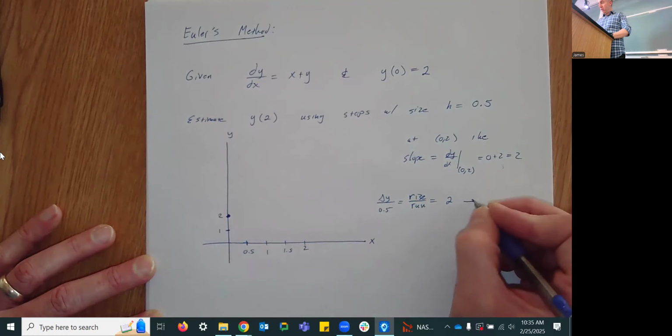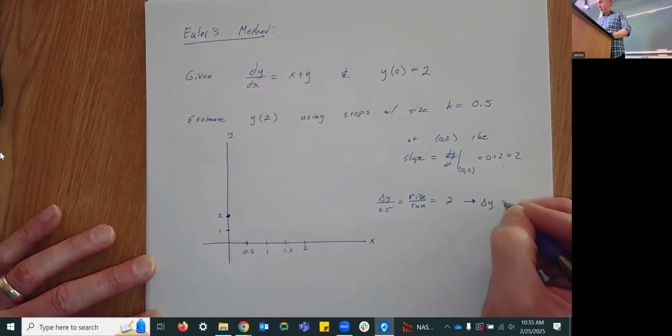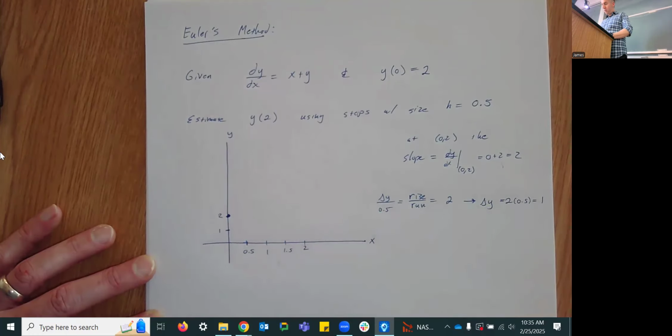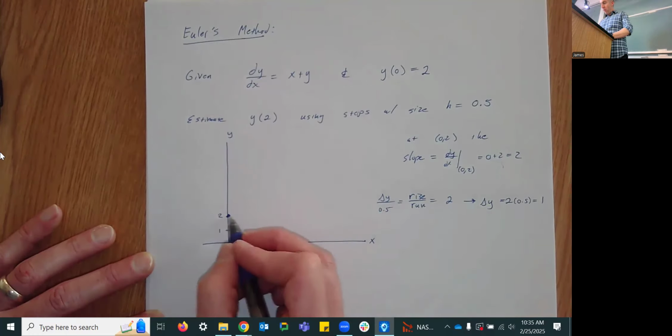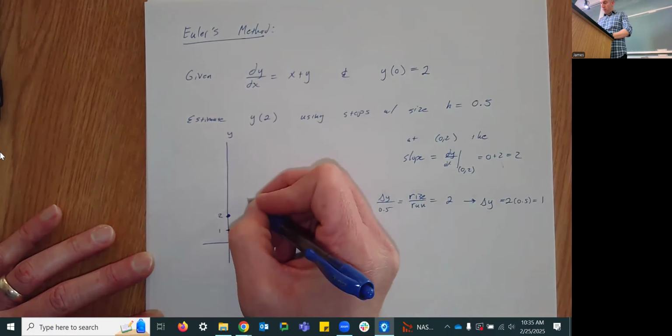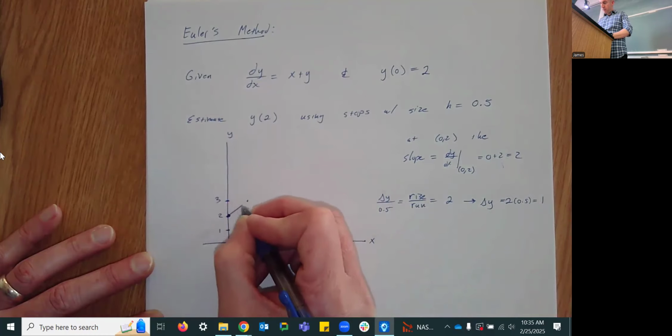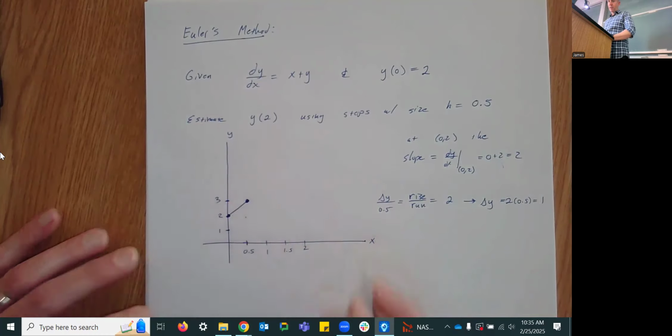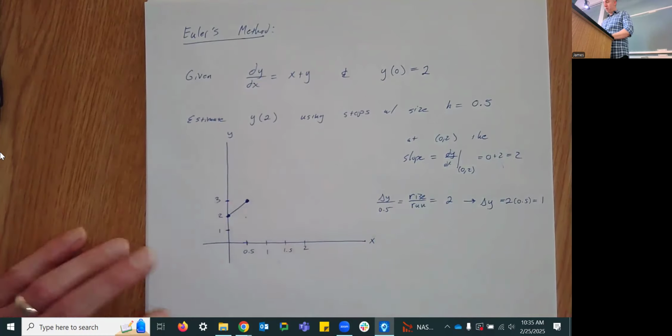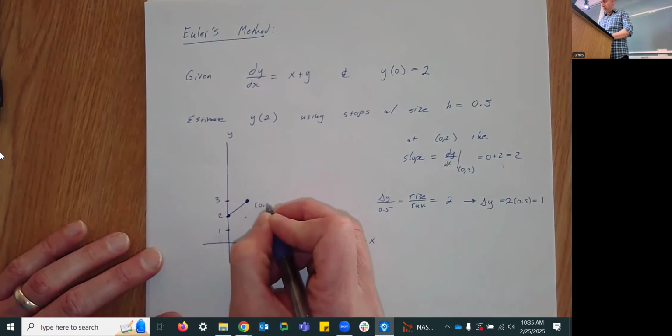So it looks like we're going to increase our y by 2 times 0.5, which is just 1. So we're going to go over 0.5 and up 1. Now we're at the point (0.5, 3).